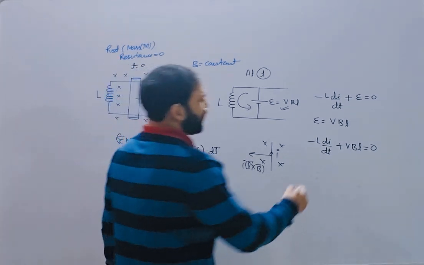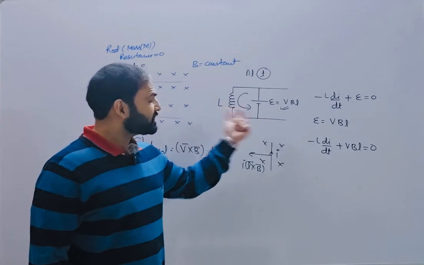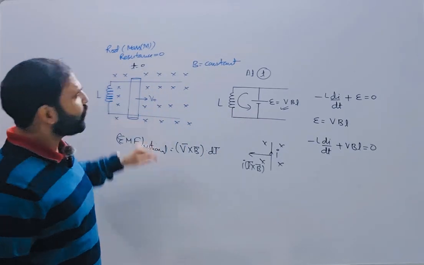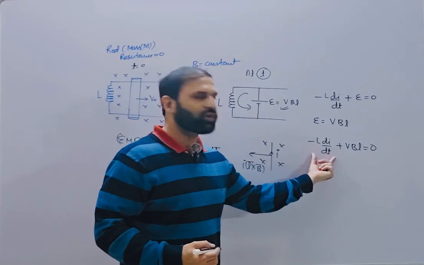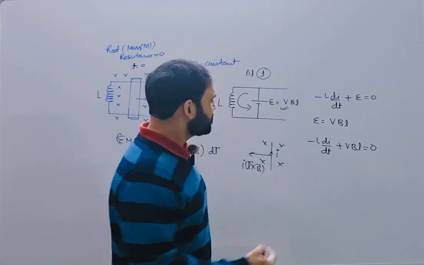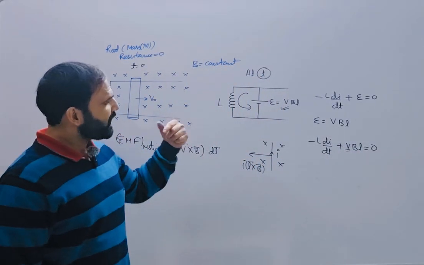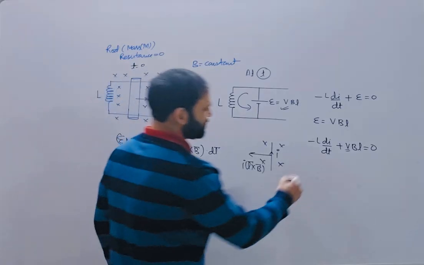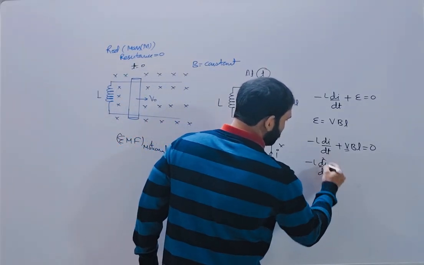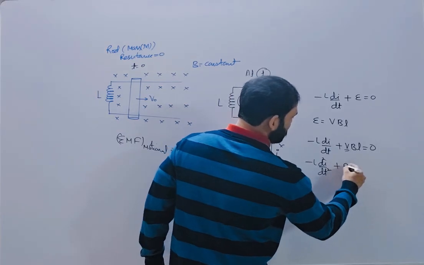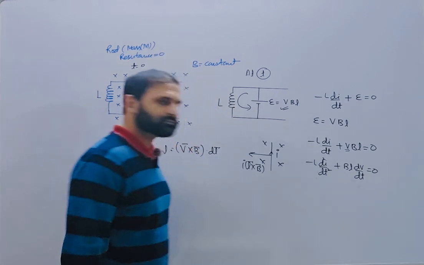Now we have to find the nature of the motion of the rod. From this equation we cannot find anything, because the velocity is variable. So if we differentiate this equation again, we get minus L d2I by dt square plus BL, which is constant, times dV by dt equal to 0.